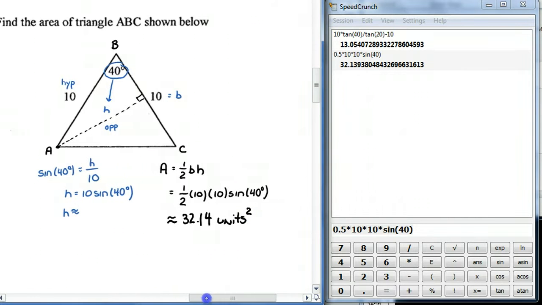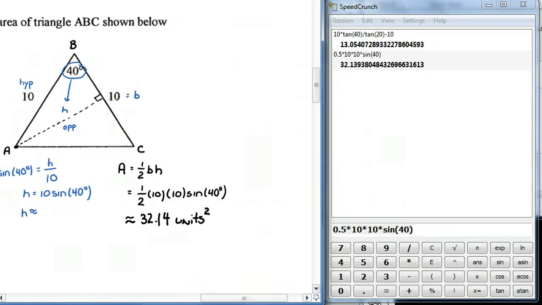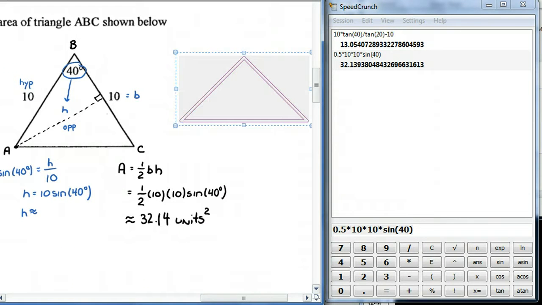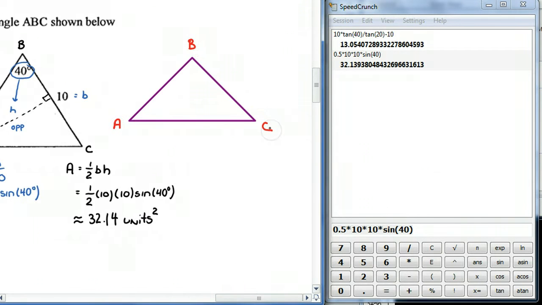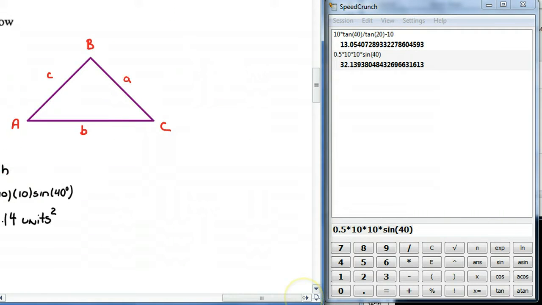So one thing you might have noticed here is, let's draw another triangle. So here's a triangle right here. And let's name this triangle A, B, C. So interestingly, let's give the sides the names. We'll call that small b because it's opposite B. Call this small a. Call this small c. If I wanted to find the area of this triangle, let's do the same thing we did with this previous question, but let's do it in the general case.